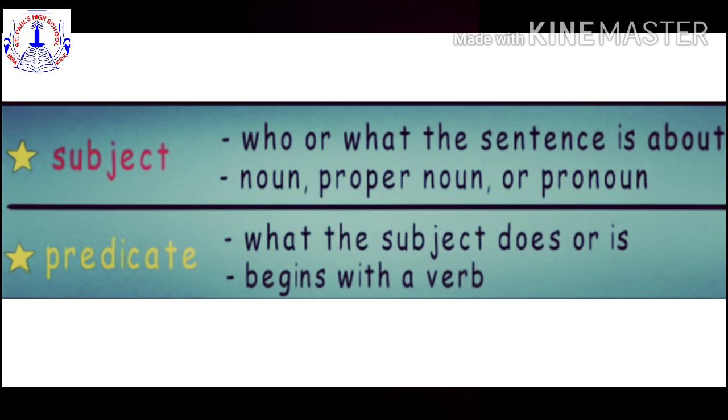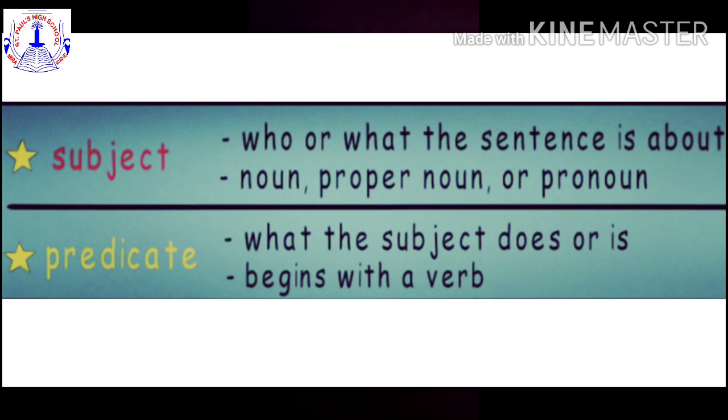Remember, the subject tells who or what the sentence is about. The subject can be a noun, proper noun, or a pronoun. The predicate tells what the subject does or is. The predicate usually begins with a verb.